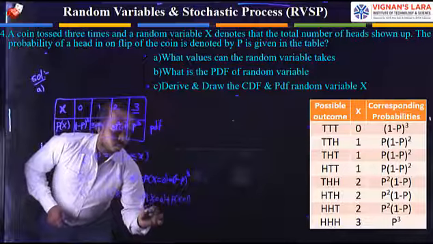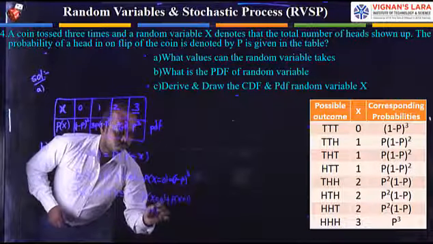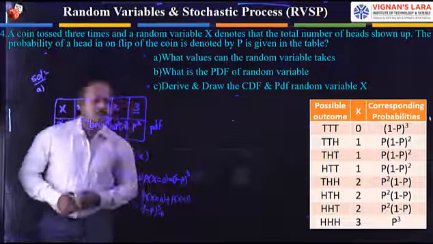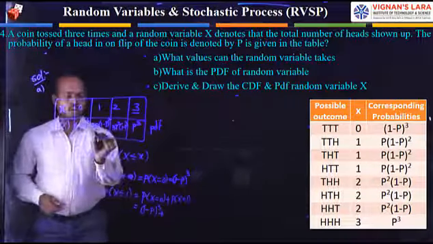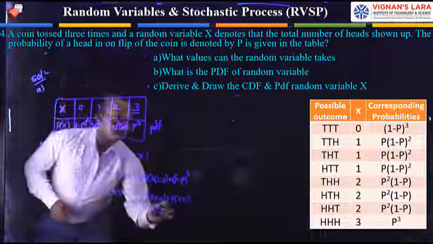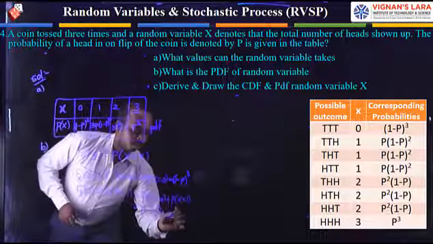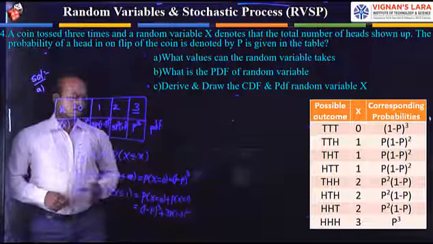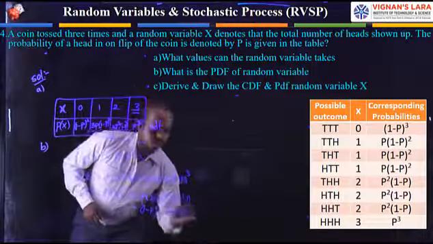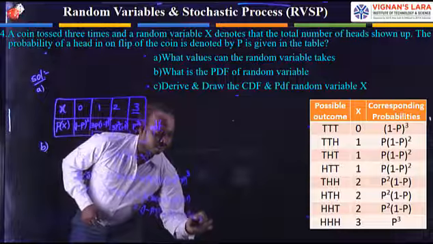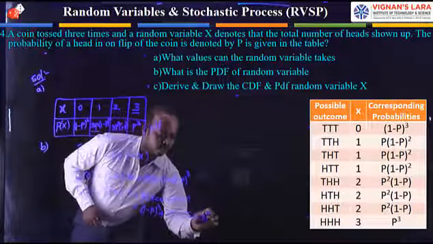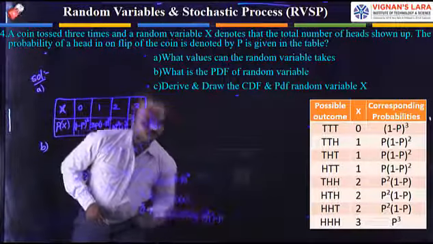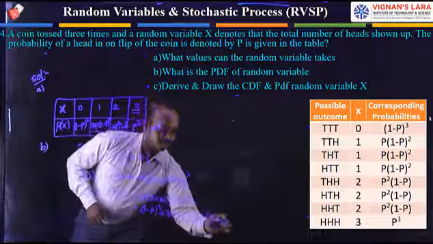The first value is 1 minus p whole cube, and the second value is the probability at x is equal to 1, which we already wrote: 3p into 1 minus p whole square. We can simplify this. I am taking the common term 1 minus p whole square. From the first term we get 1 minus p, and from the second term 3p.